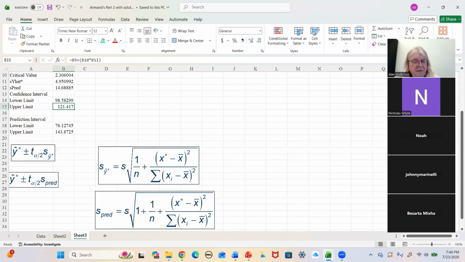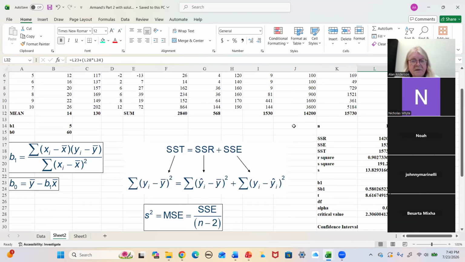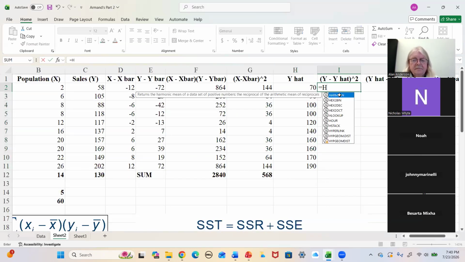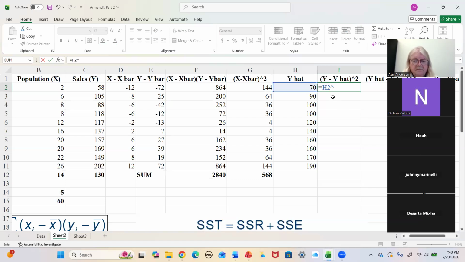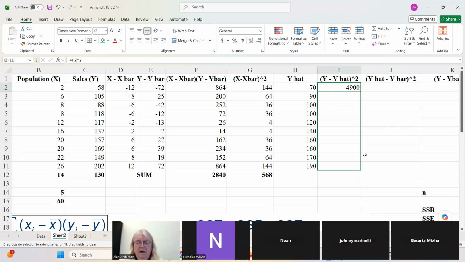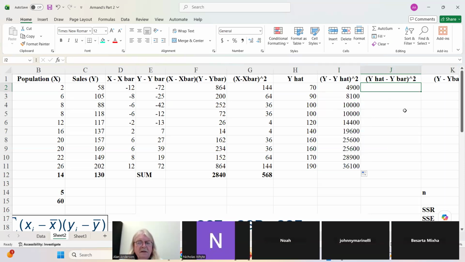Okay. I'm going to take a look at my solutions and make sure that nothing got goofed up. Then this one is just the square of column H. And oh, y hat minus y bar. All right, we don't have that one yet. This is y hat. Y bar is this one, C12 with a dollar sign, squared.